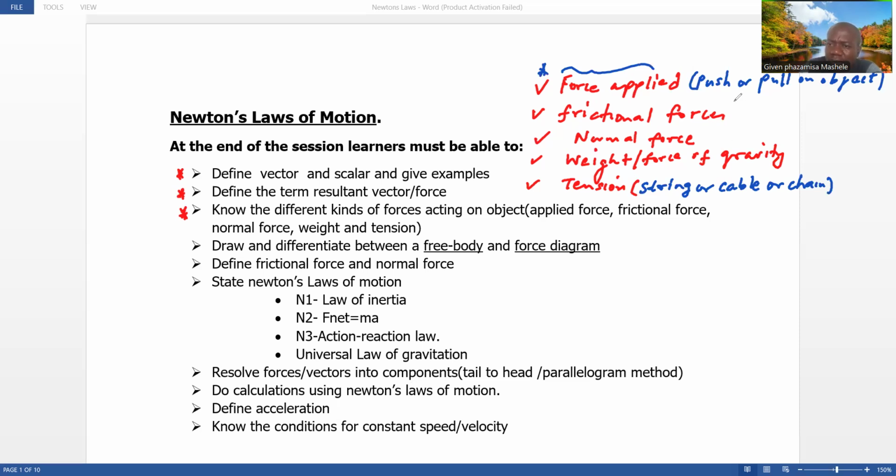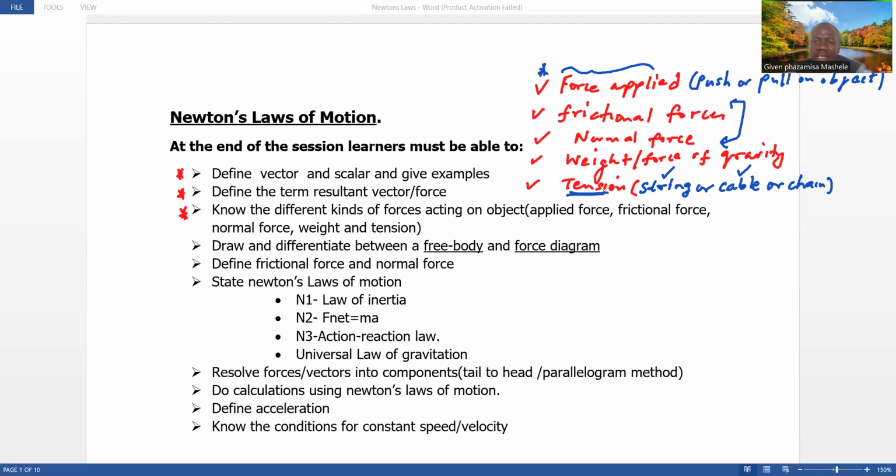Then, okay, I'll talk about these two, the frictional force and the normal force. Then the force on a string or on a cable is actually called a tension. So if you're pulling something using a string, or a cable, or a chain, then the type of force that is acting there is tension. So these are the types of force that one must be able to know.